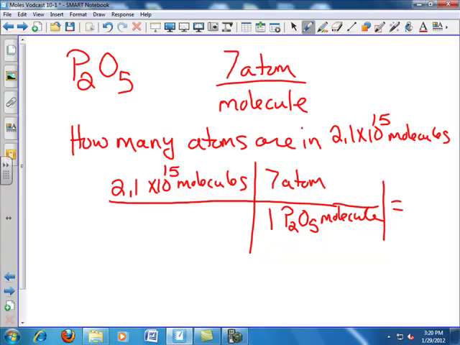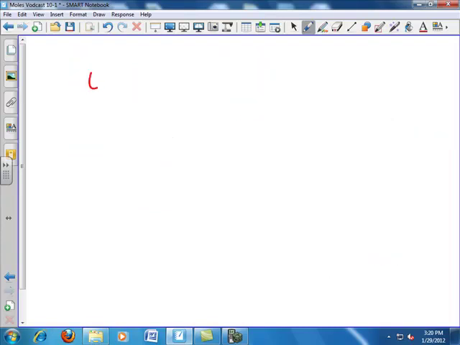Okay, and then you just multiply those two numbers out. And that comes out to be 1.47 times 10 to the 16th atoms. Okay? You should now be able to complete worksheet 1.